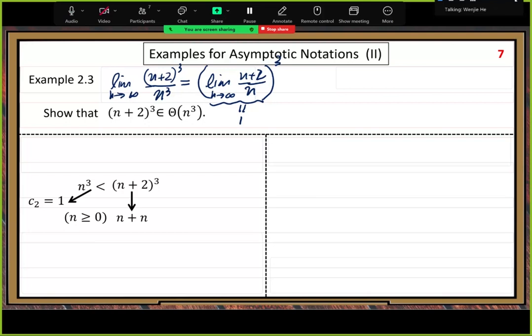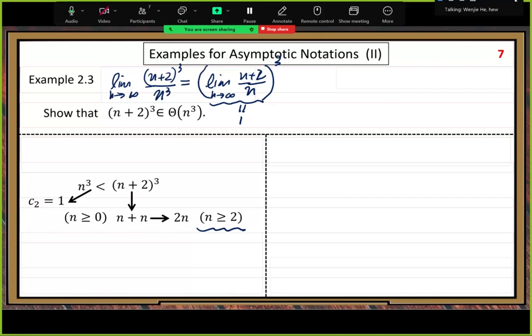So n plus 2 is less than or equal to n plus n, that is 2n, under the condition n greater than or equal to 2. You have to specify the right range here, otherwise it may not be true. Then we have the inequality n plus 2 less than or equal to 2n.